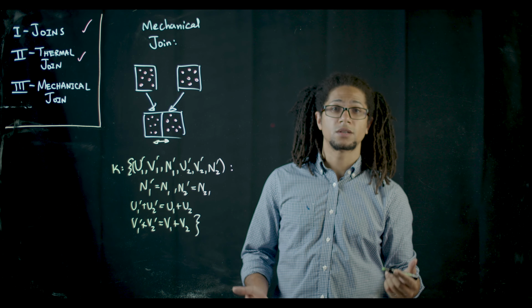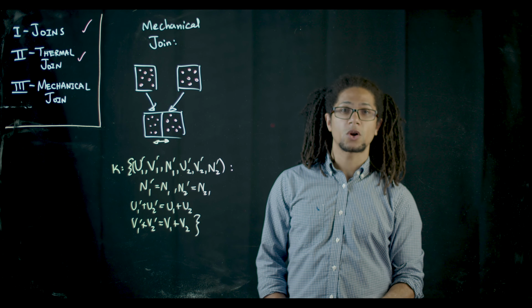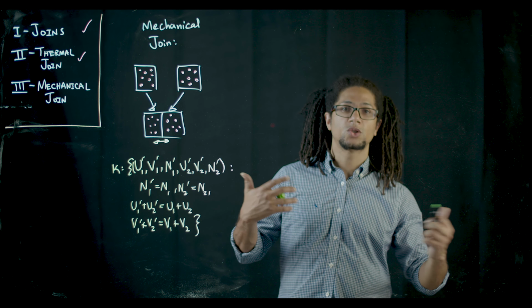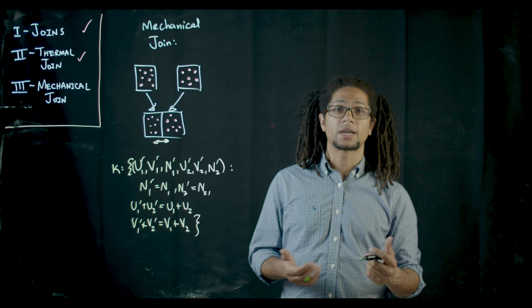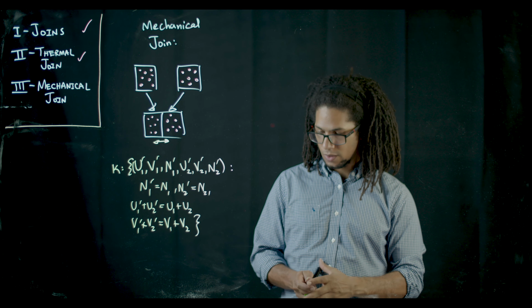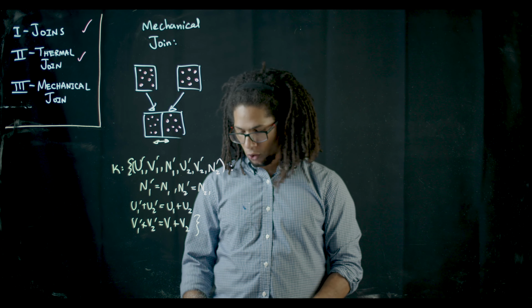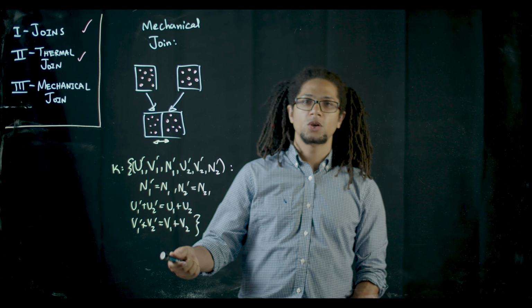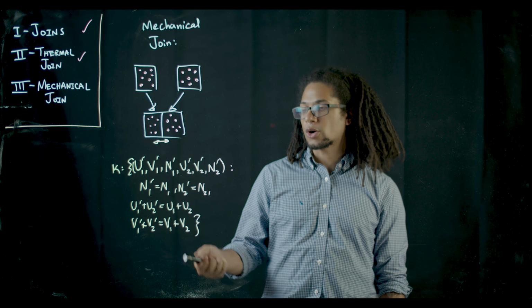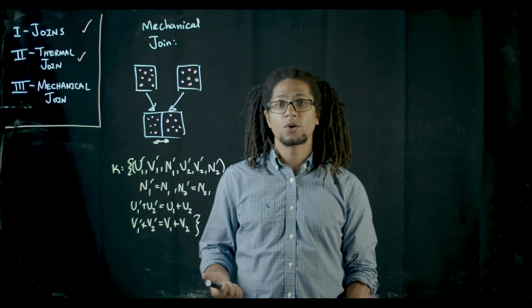So in this case, the total volume, again, will be conserved, whereas the individual volumes of the two boxes will not be conserved. So we're going to do a very similar computation to what we did before, except that now both U1 prime and V1 prime could in principle change.